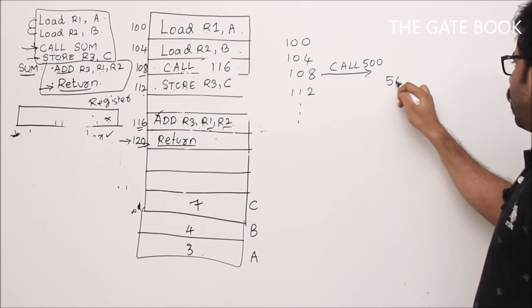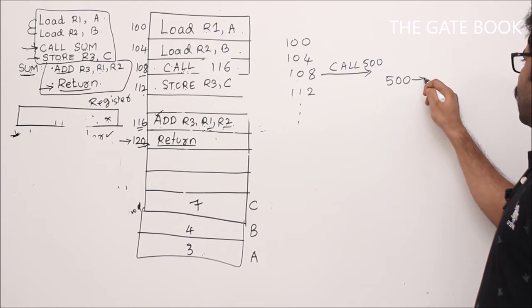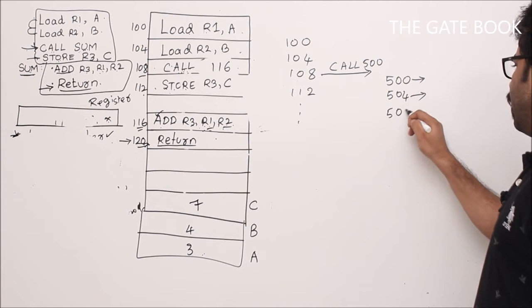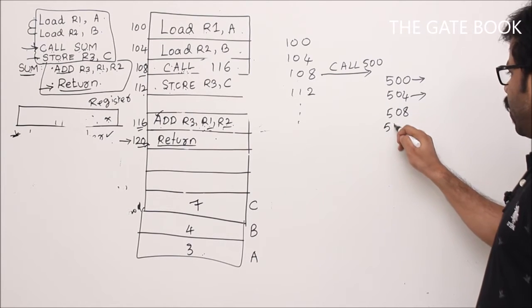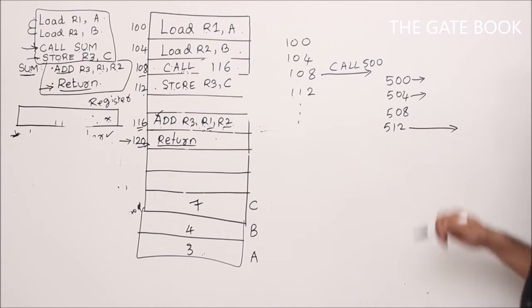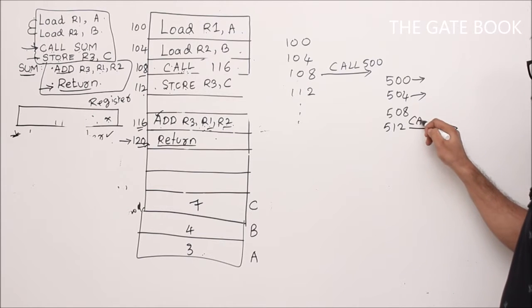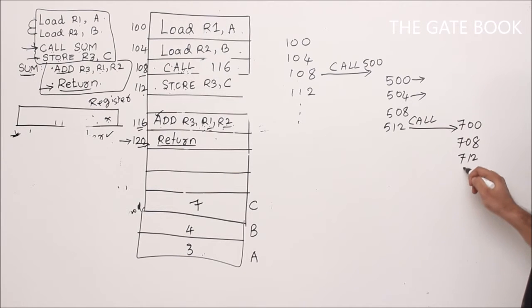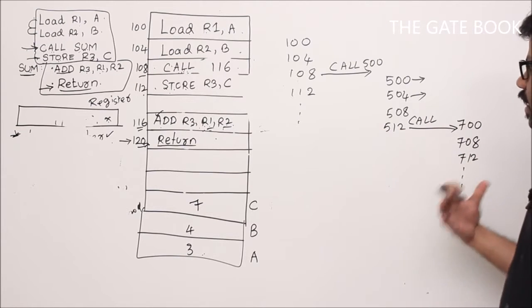Then at memory address 500, there is a normal instruction, then 504, 508, and again 512, then suddenly there is again a function call. Let's say that call is going to 700. Then from 700 to 708, 712, this is the way the execution takes place.